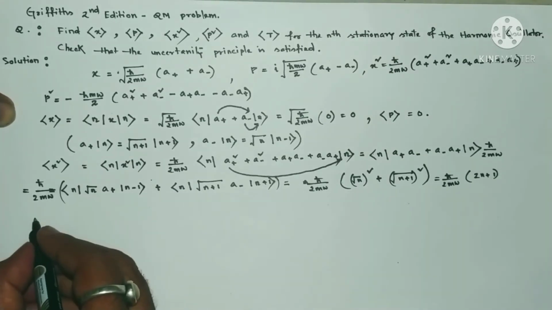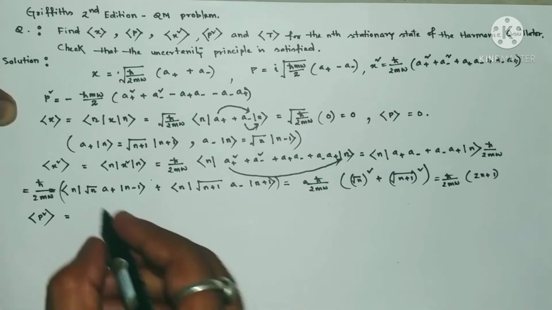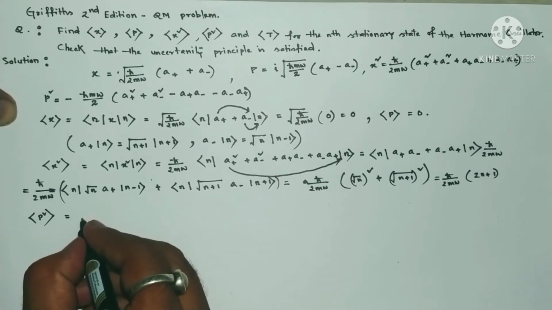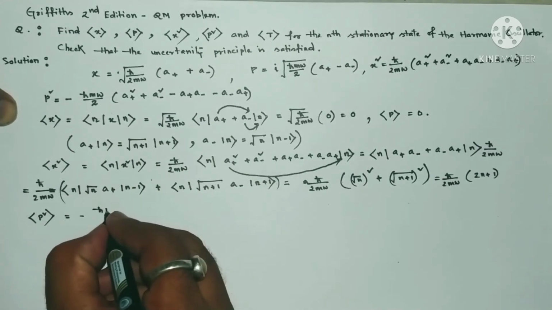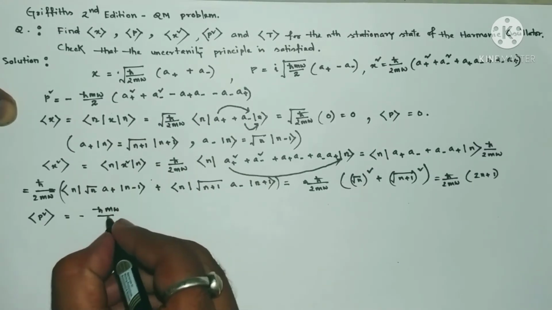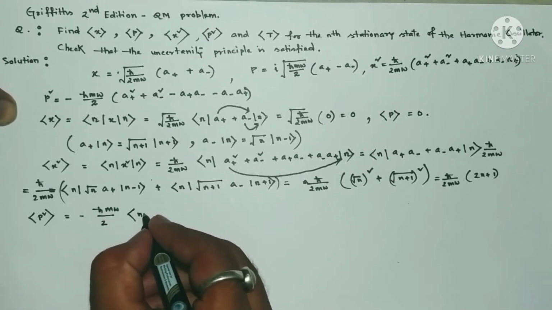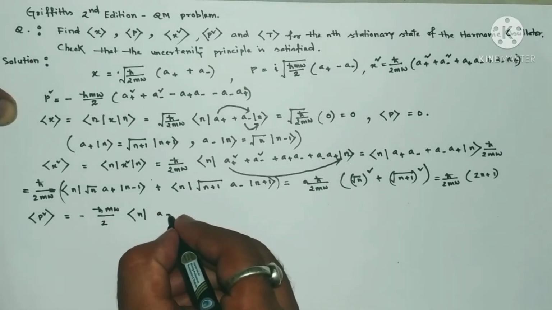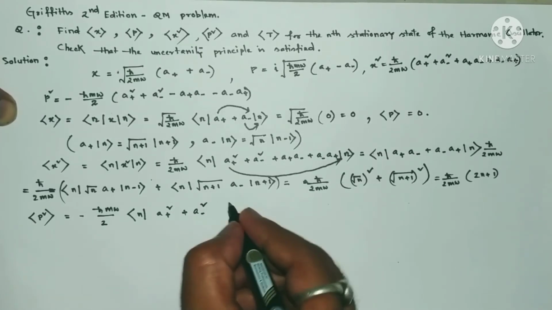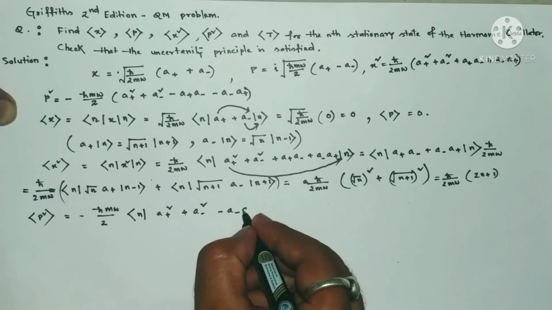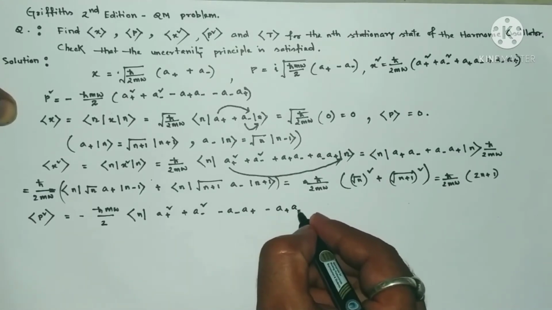Similarly we will be finding for p square. We have minus h cross m omega by 2, bra n, a plus square plus a minus square minus a minus a plus minus a plus a minus.